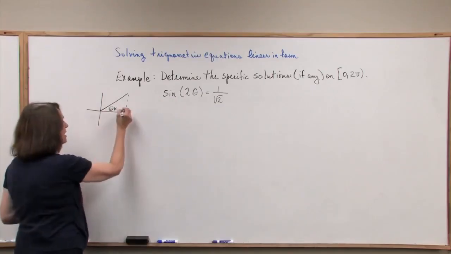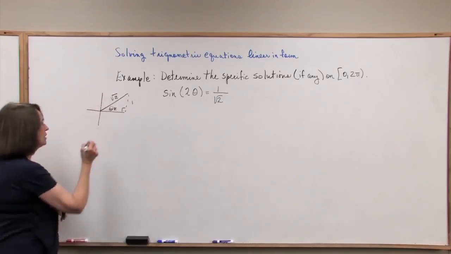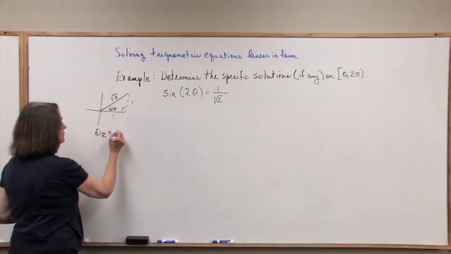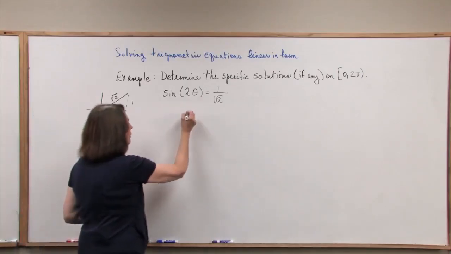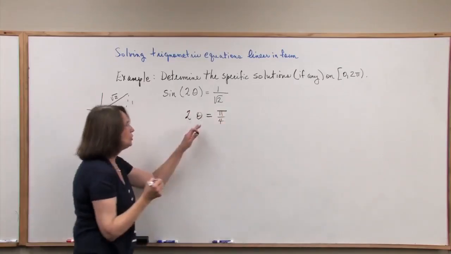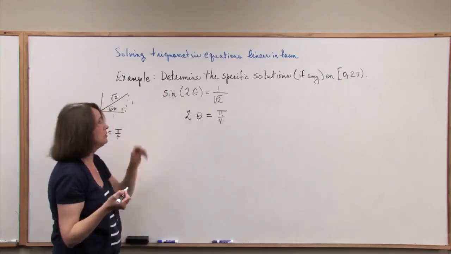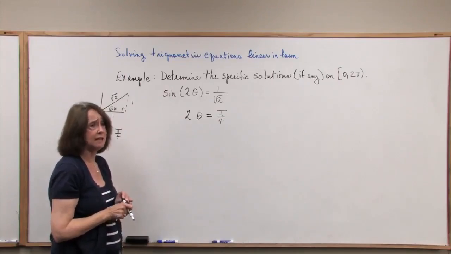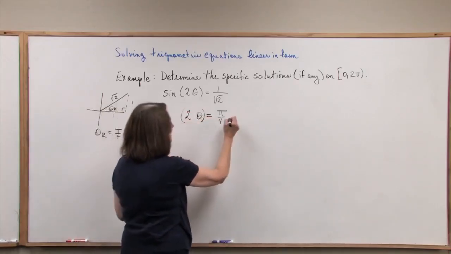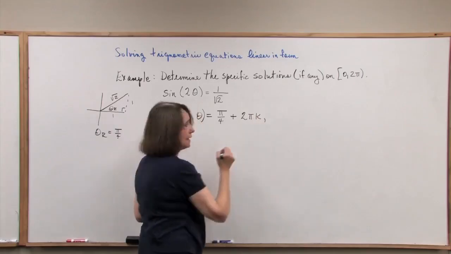Sine function, ratio of the opposite side to the hypotenuse. We see the reference angle is pi over 4. I am going to set this up using a general formula to begin with, even though the problem does not call for me to give that in my final answer. So we'll write 2 theta equals pi over 4 plus 2 pi k.